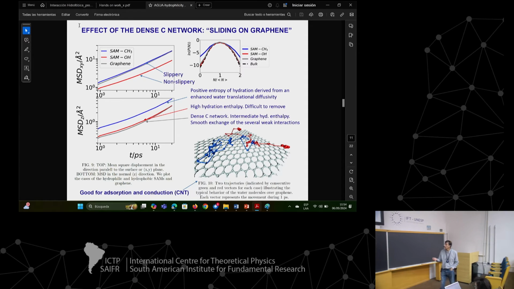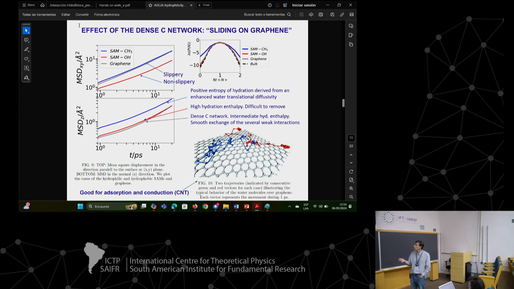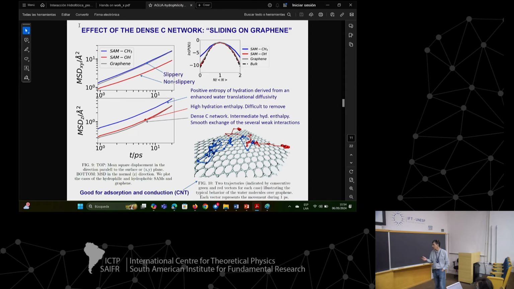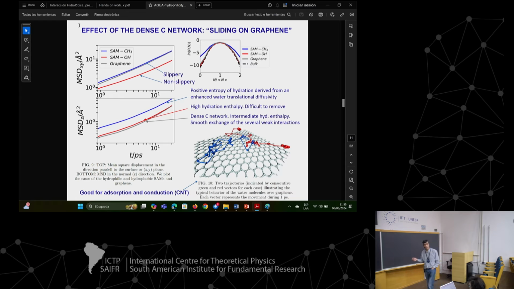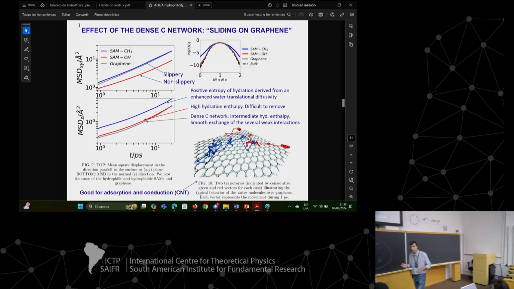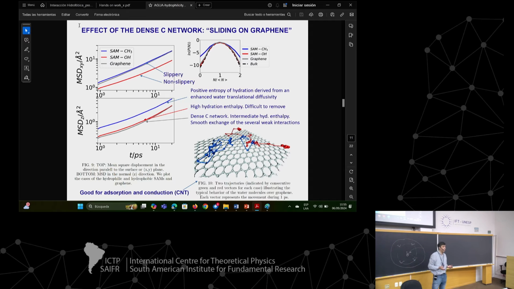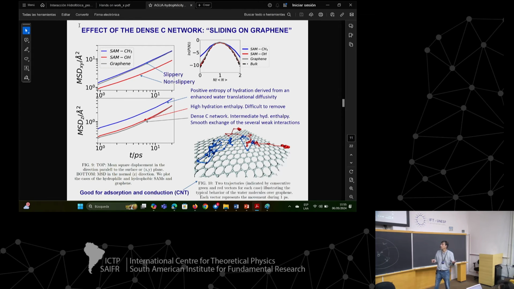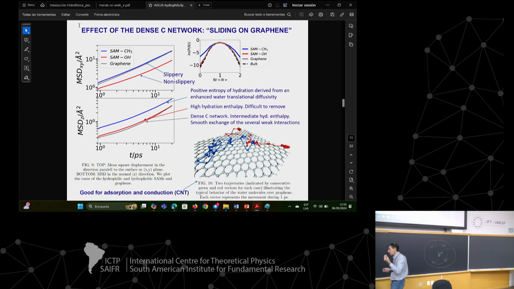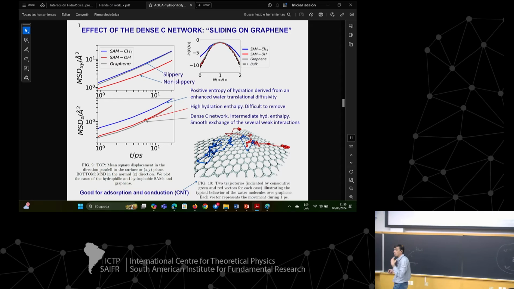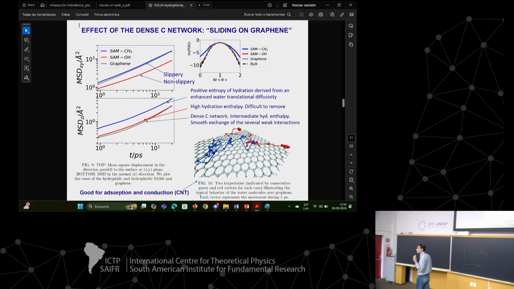And this behavior would be related to the nice properties of graphene and graphene-based materials, in the sense, for example, of how easy it is to flow in a nanotube, or how good they are for absorption, since what happens for water also happens for other molecules attached to the surface.